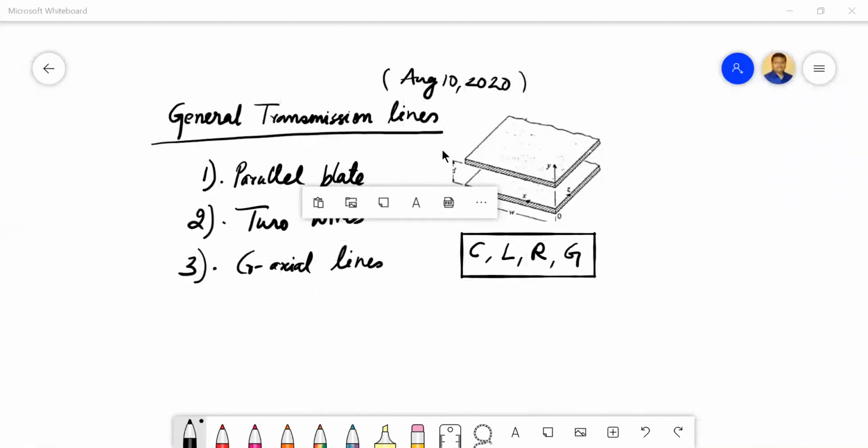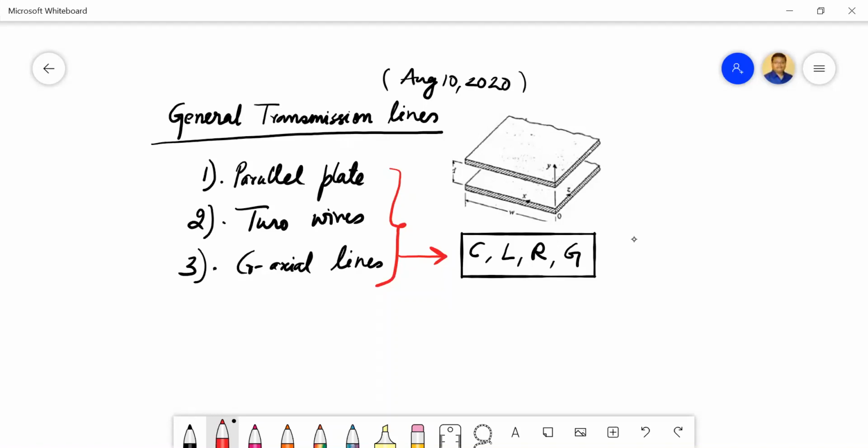Fine. So for these two conductor systems, we'll try to derive the parameters C, L, R, and G.